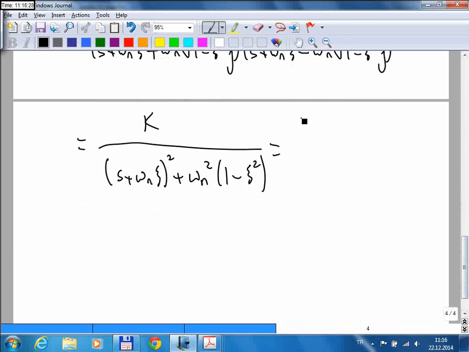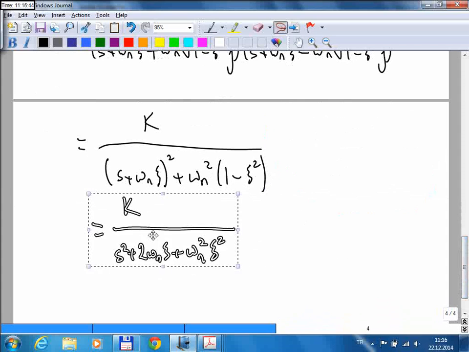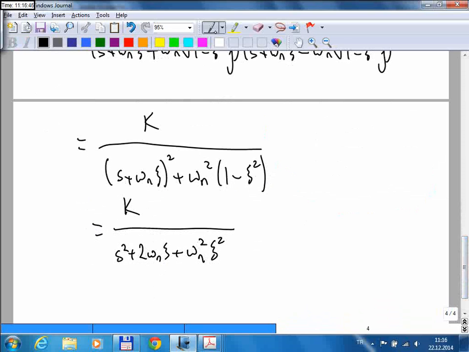Okay, and if I can do some calculations here. If I open this square term, this squared plus 2 omega n zeta s plus omega n squared zeta squared plus omega n squared minus omega n squared zeta squared.